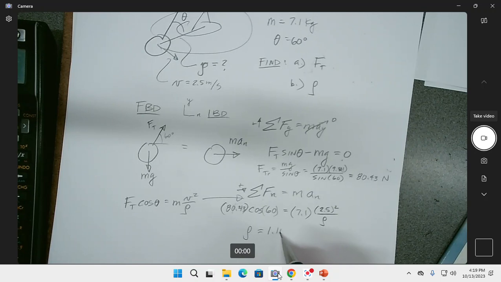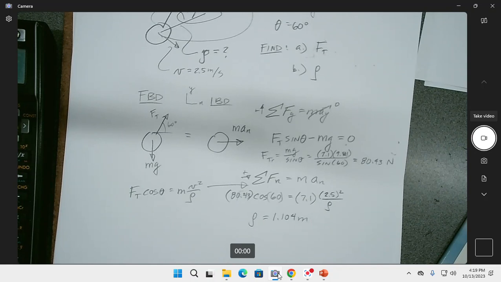So is it 1.104 meters? 80.43, cosine 60, times 7.1, divided by 2.5 squared. Yeah. What did you get? I got 1.104. Sure.